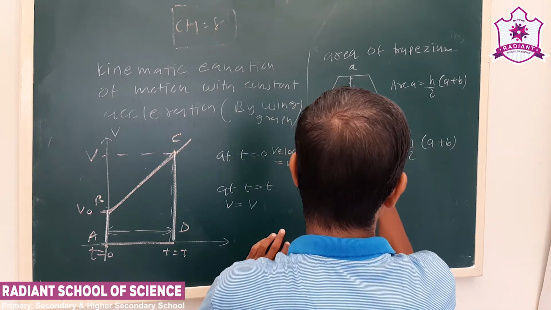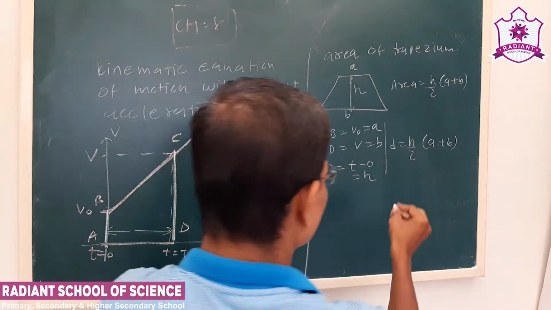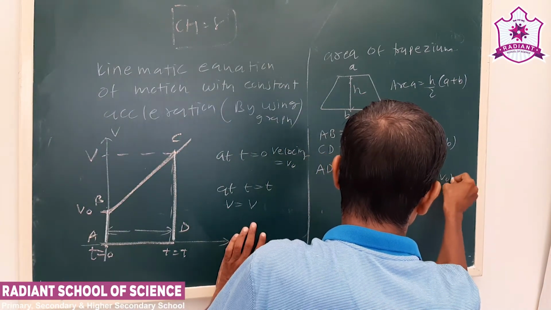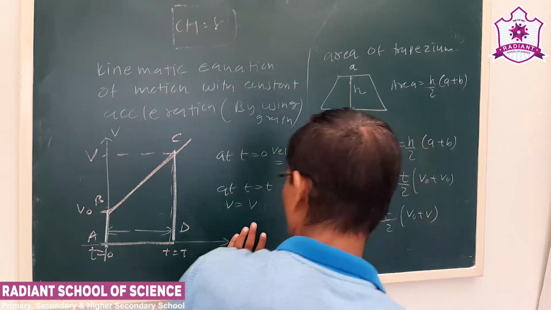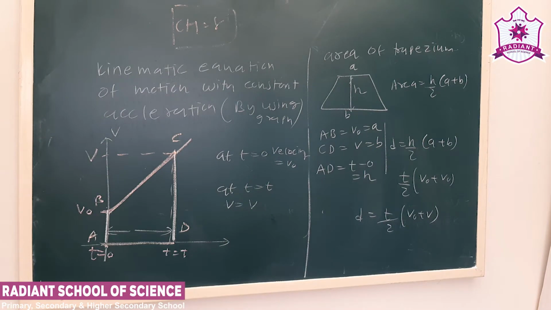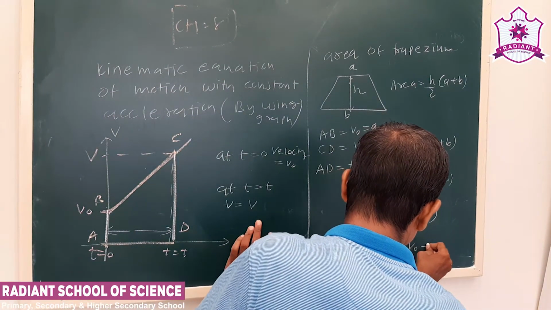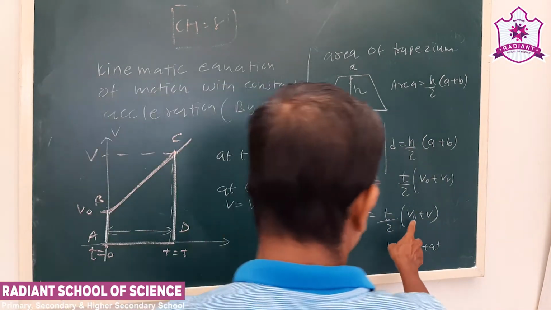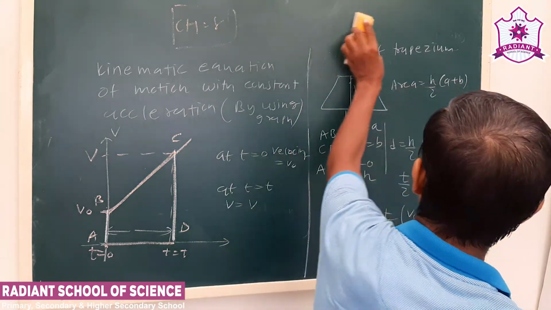So if I substitute the values, t by 2 into v0 plus v. Just now we have derived the equation v is equal to v0 plus at. That value of v, if I substitute in this equation, we'll get another result.